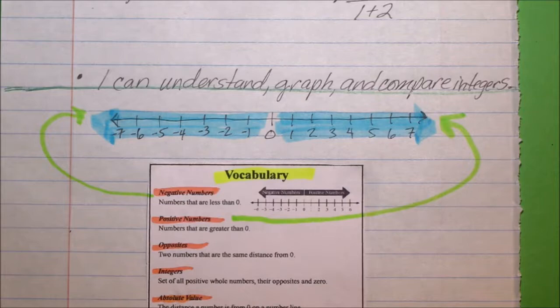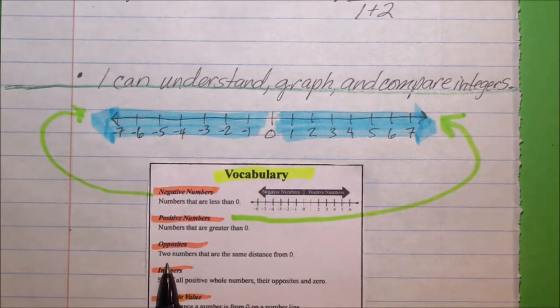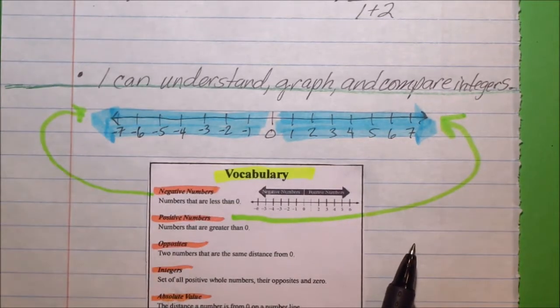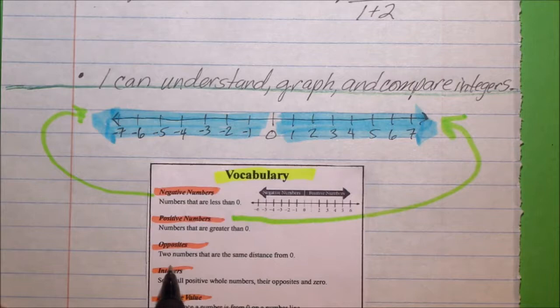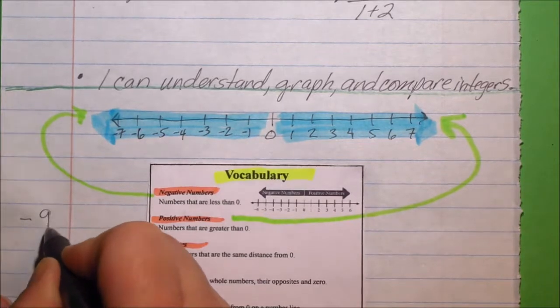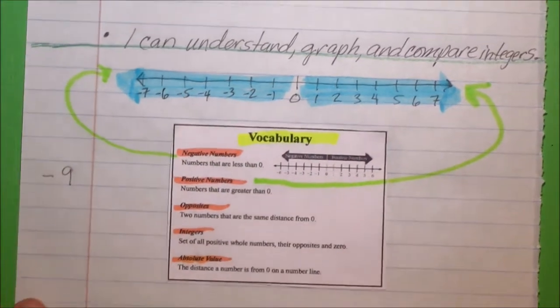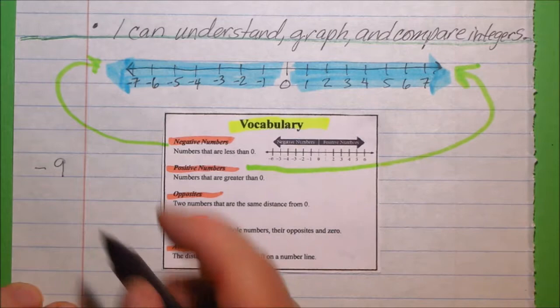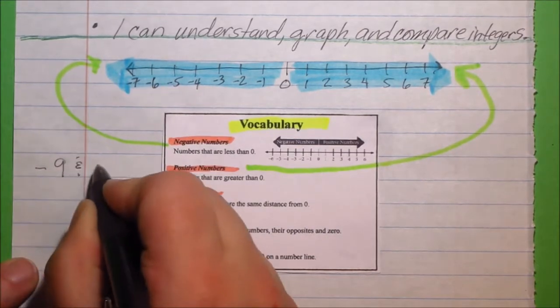Well, what are opposites? Let's put some examples down. Opposites are two numbers that are the same distance from 0. Well, all that really means is this. Let's write some examples here. If I have -9, then its opposite is 9.